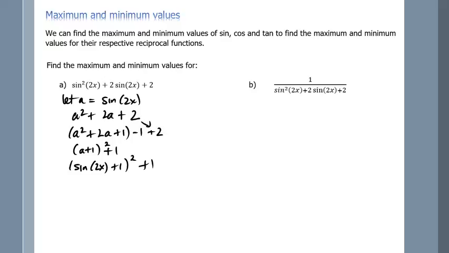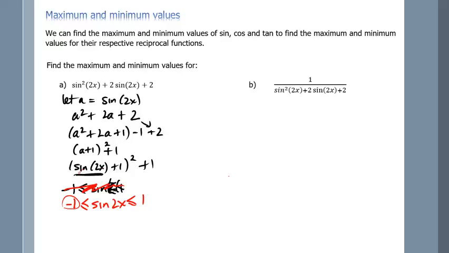Now if we want to work out the range, we know the values of sine 2x are between -1 and 1. Let's start again. -1 is less than or equal to sine 2x, which is less than or equal to 1. If sine 2x was to equal -1, I would have -1 plus 1, which is 0, squared, which is 0, plus 1.